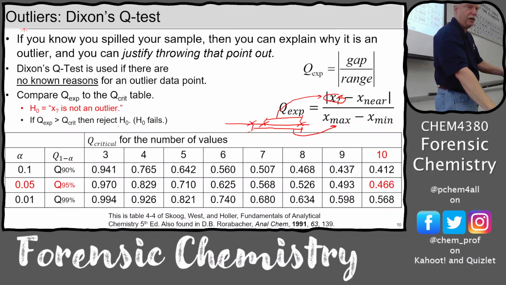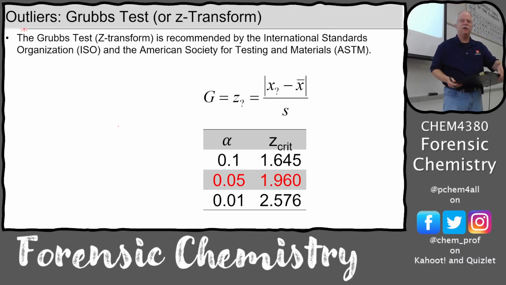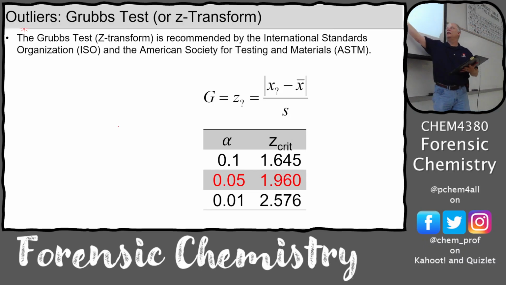Let's look at the Z transform, the Grubbs test or the Z transform. This one's based upon a normal distribution curve. So look at this. That should look familiar. That's the same value for the 95% confidence.